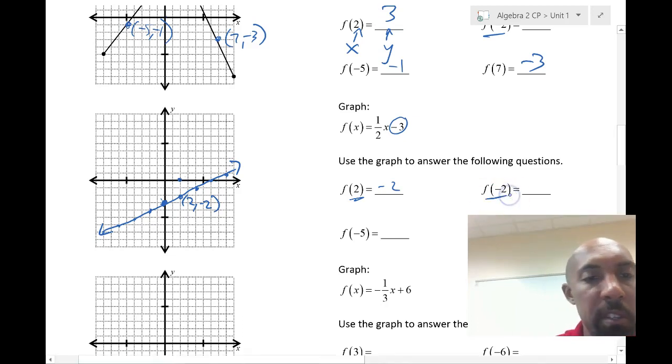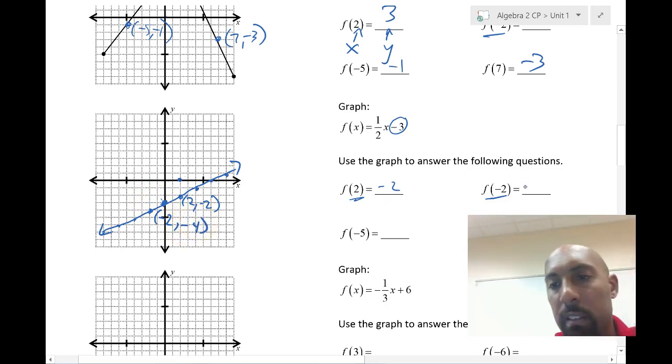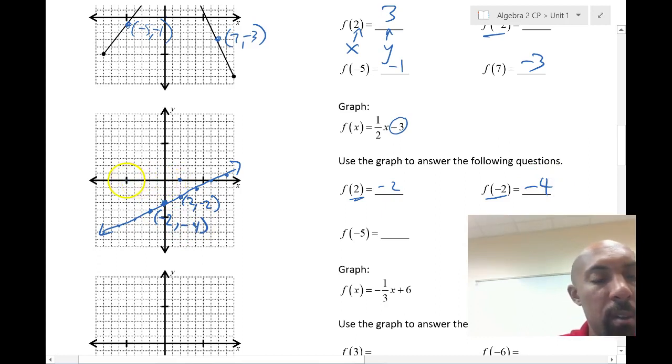So if I go to negative 2, I go left 2, and the line is below the axis, so I go down here, and it's negative 2 and negative 4. So that's negative 4 right there. That's what we're looking for. And then for negative 5, I go all the way over and down to the line. And that looks like it's 1, 2, 3, 1, 2, 3, so that's 6. So negative 5, negative 6.